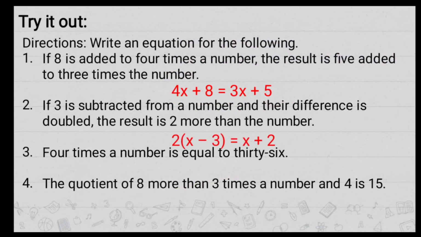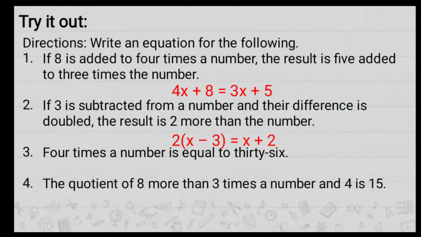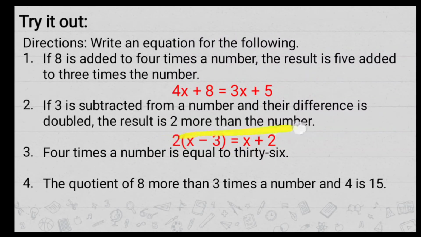The answer is 2 times x minus 3 is equal to x plus 2, because 3 is subtracted from a number and their difference is doubled. As you can see, 3 is subtracted from a number, then their difference is doubled, meaning we have to twice it. The result is, means equal, 2 more than the number, that is x plus 2.